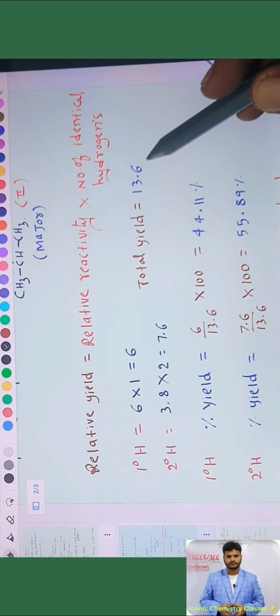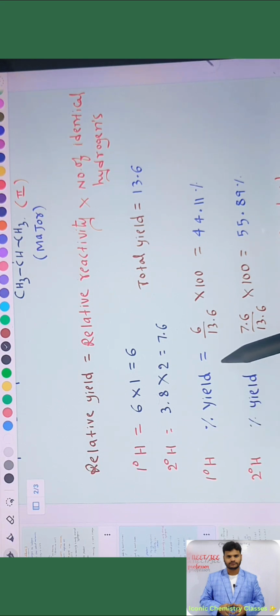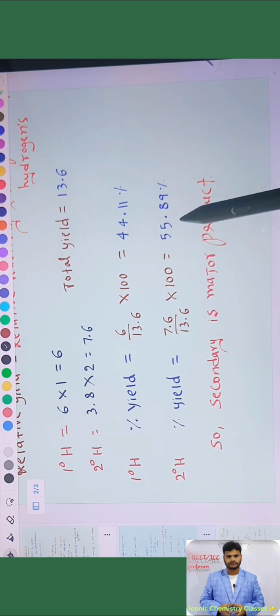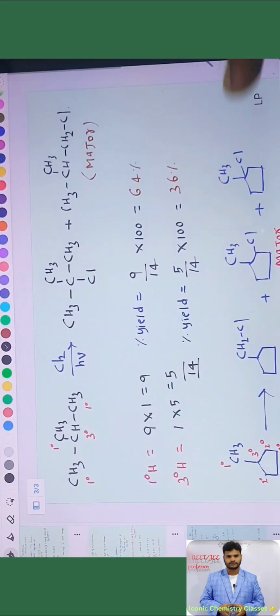For primary hydrogen, percentage of yield is 6 by 13.6 into 100, you will get 44 something. For 2 degree hydrogen, 7.6 by 13.6 into 100, you will get 55.8 and something. So secondary is the major product. No need to find percentage of yield until they ask for percentage.